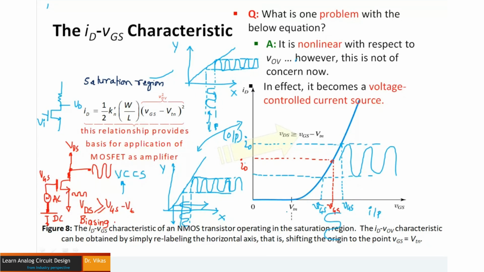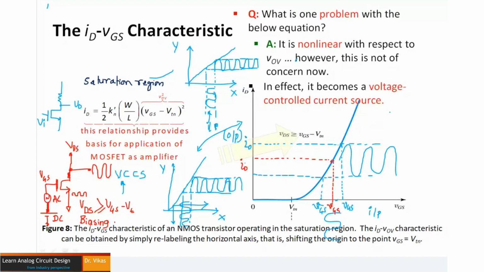But unfortunately, this is the characteristic of the MOSFET itself. I cannot change the graph, right? I cannot modify the graph because the basic structure and basic outcome of my VGS versus ID is like that. So what I can do is figure out a particular region where my graph is almost linear.